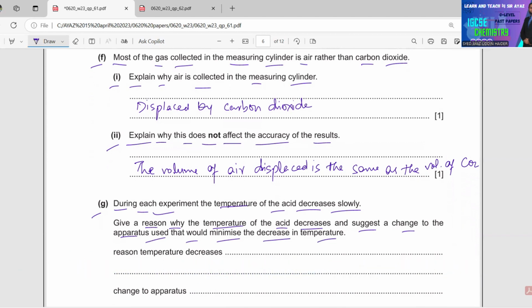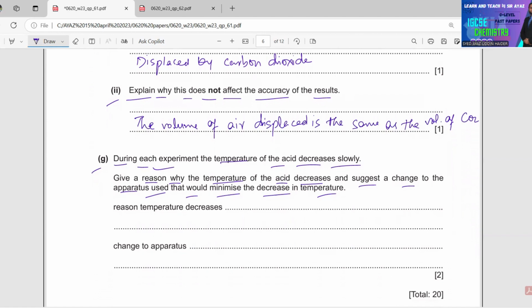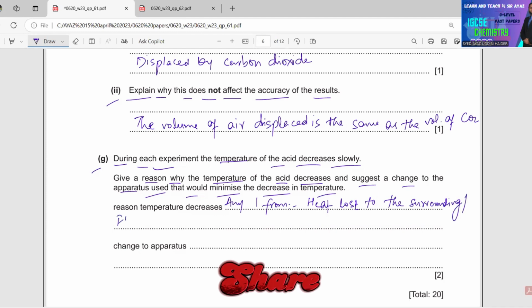The reason is that heat is lost to the surrounding, or you can say the flask is not a good insulator.